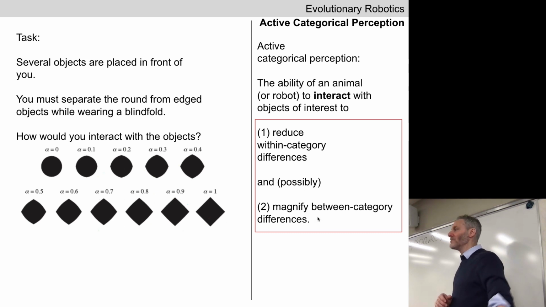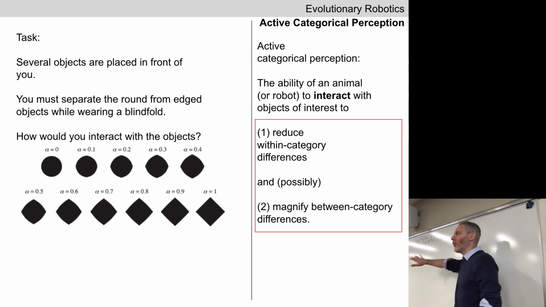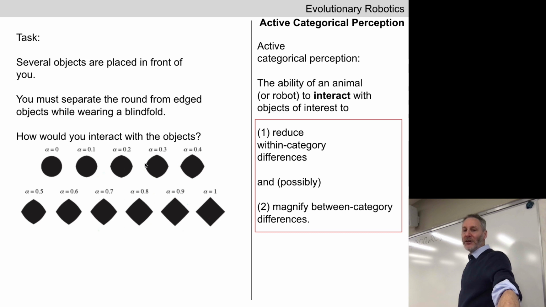You're also trying to magnify between category differences. Rollable objects feel similar, and non-rollable or slidable or pushable objects feel similar, and those two sets of sensations are different. There's an infinite number of ways that you could touch or manipulate these objects that do not do these two things.